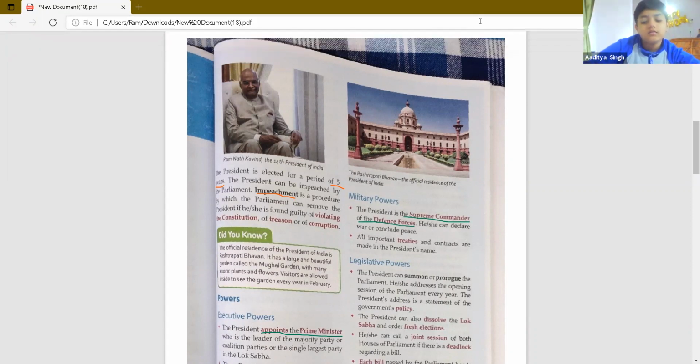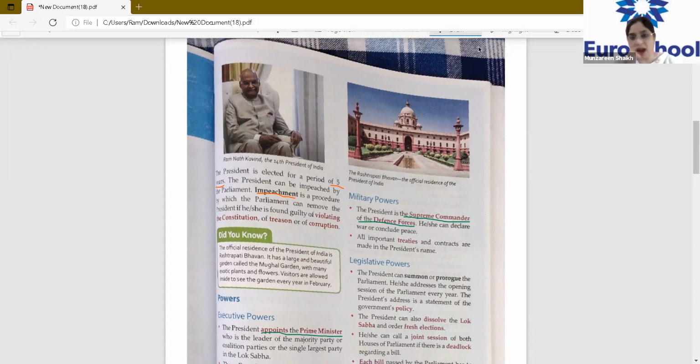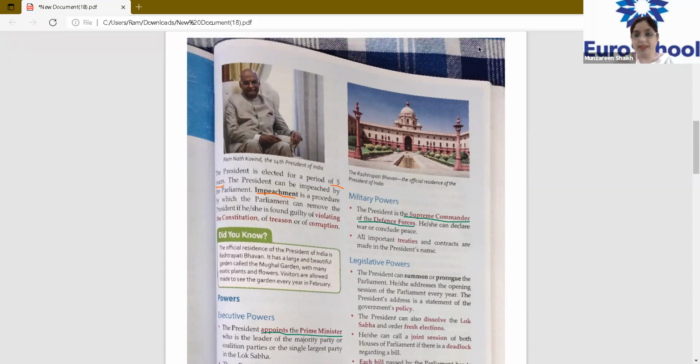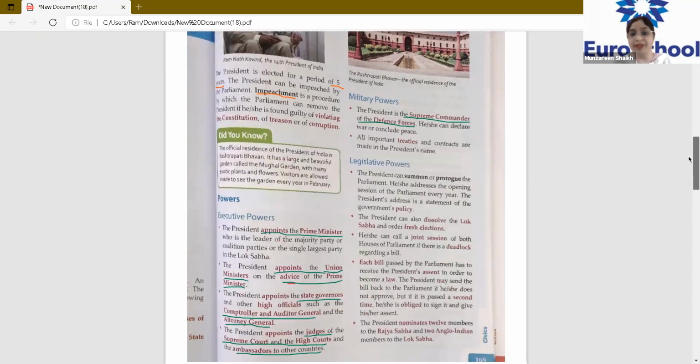Defense forces work under the orders of the president. They have to follow his orders, whether to declare a war or to conclude the war in a peaceful manner.